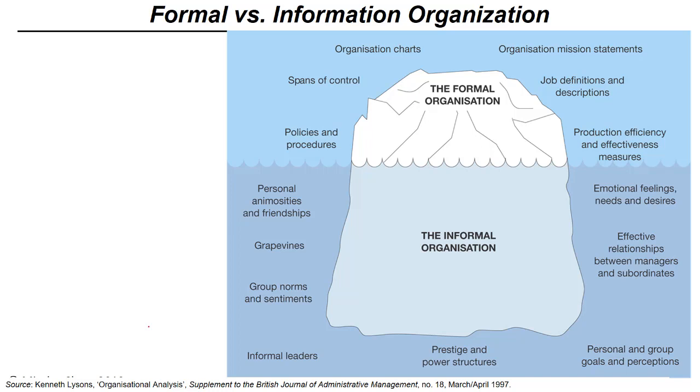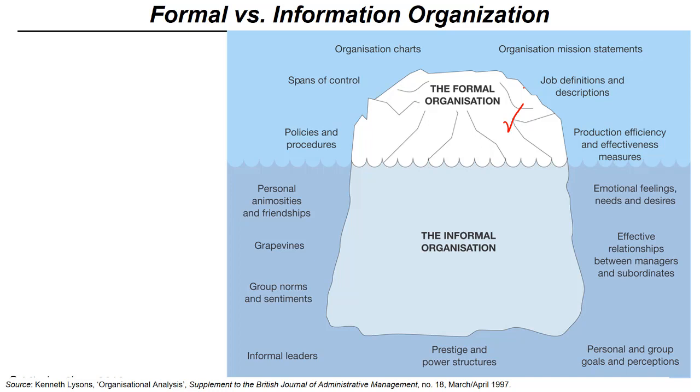Just like the previous diagram showing some informal relationships, this iceberg shows that other than the formal organizational structure that we see through the organizational chart, there are actually a lot of informal aspects of organizations.